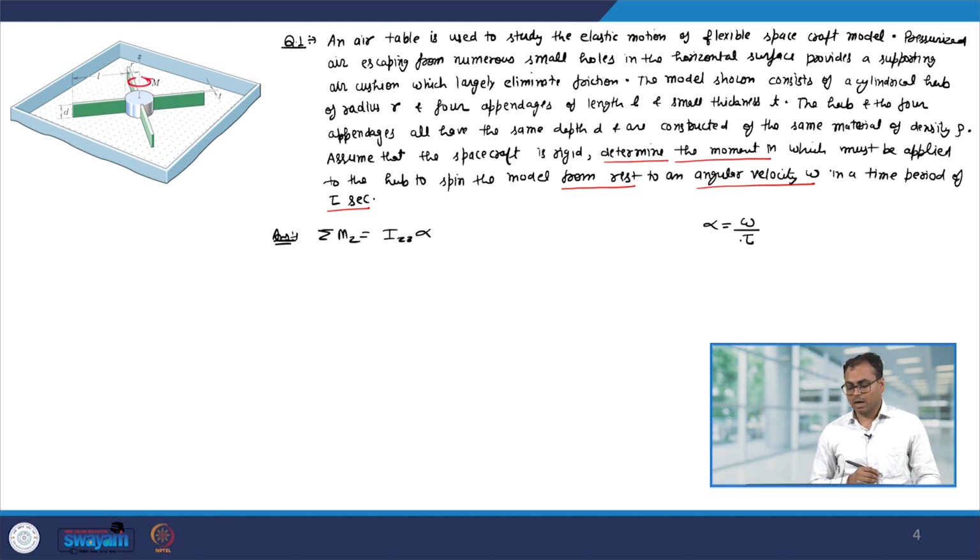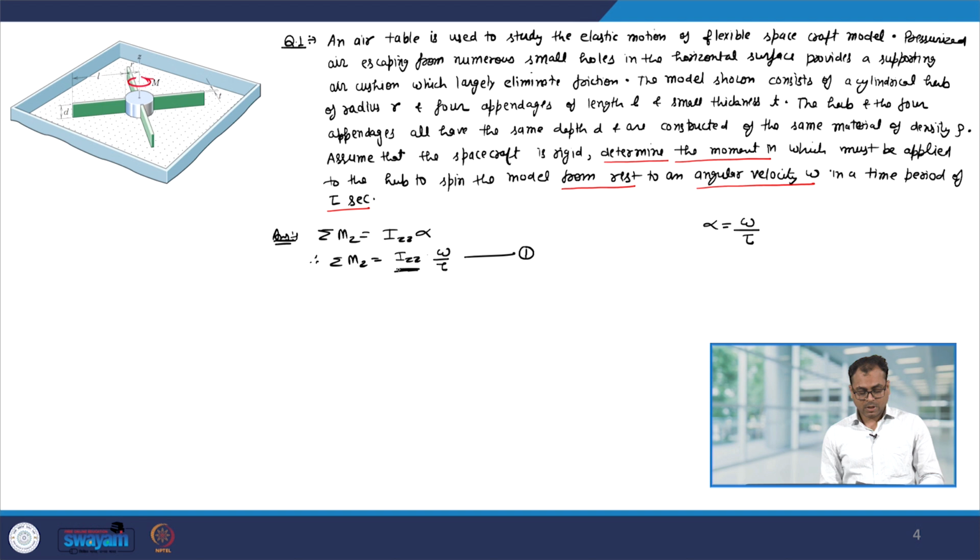So, it is tau. Therefore, summation Mz will be I zz into omega divided by tau. Let me call this equation number 1, and the only thing that we need to determine now is I zz.